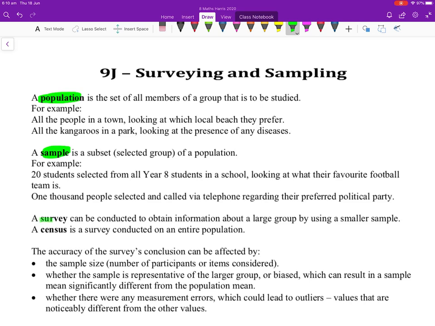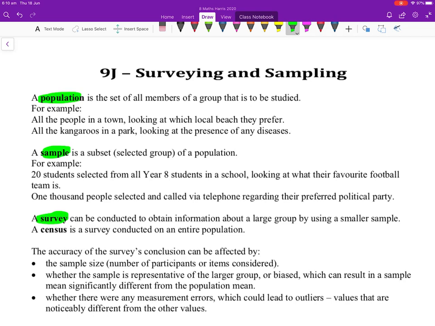We have the word survey. Now, we can conduct a survey. A survey is when you actually get information from a smaller group than the population, and it's called a sample normally. So you can get a group of people.